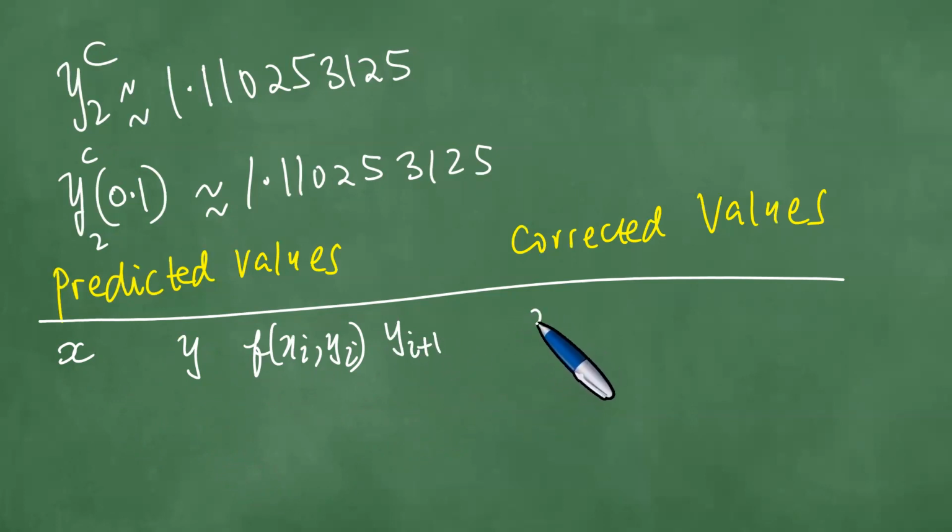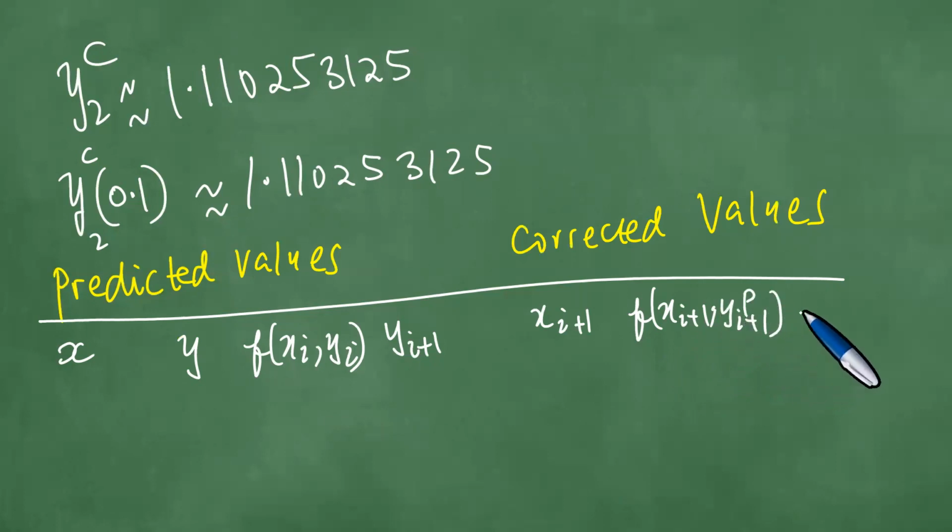The corrected values are associated with this one: xi plus 1, yi plus 1, yi plus 1 corrector.